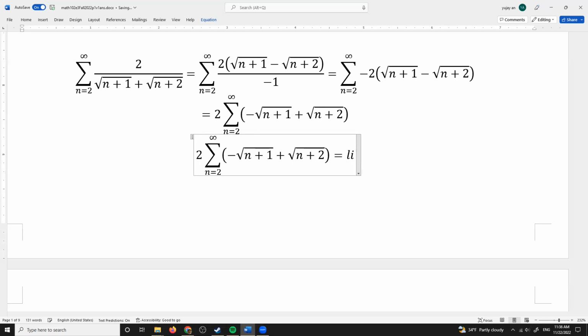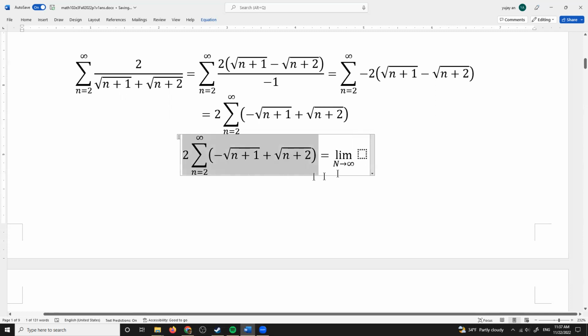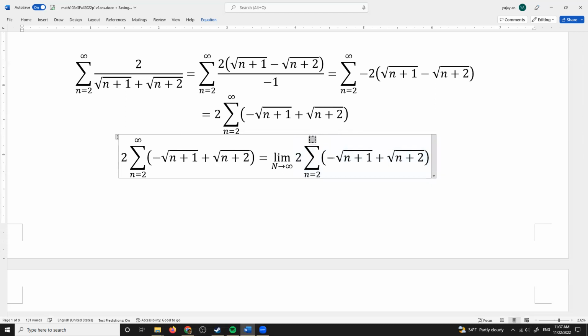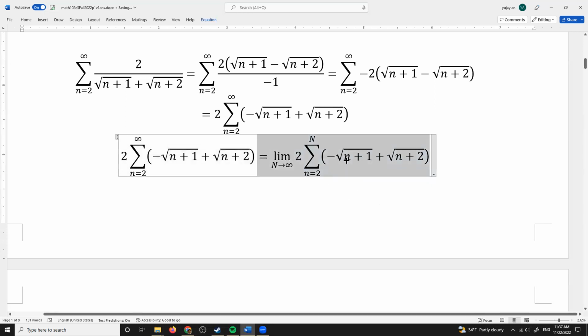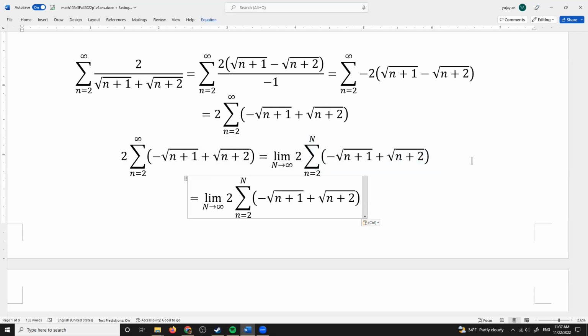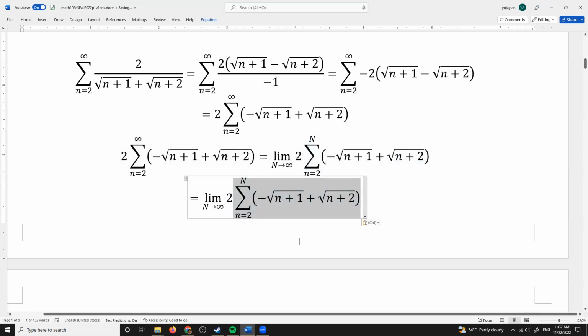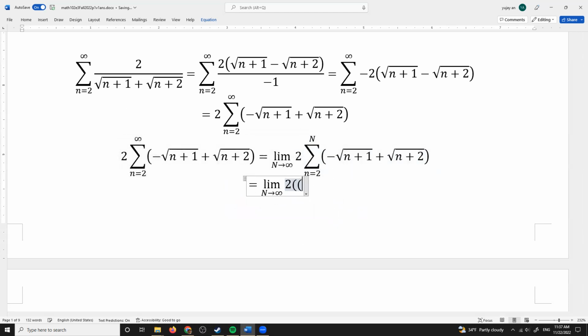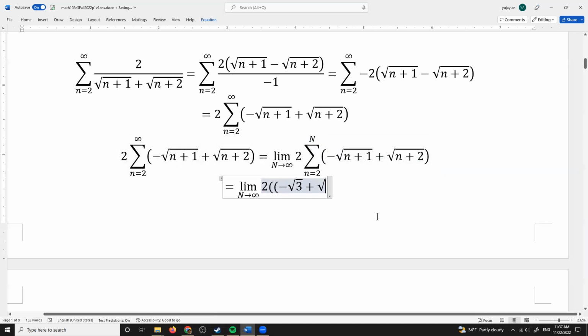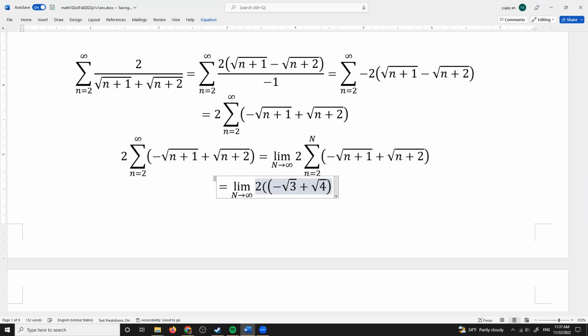So we're going to take the limit of capital N going to infinity of this sum, where now the top is replaced by capital N. And that gives you, if you start writing out explicitly what that is, when you plug in 2, that's negative square root of 3, plus square root of 4. That's what happens when n is 2.